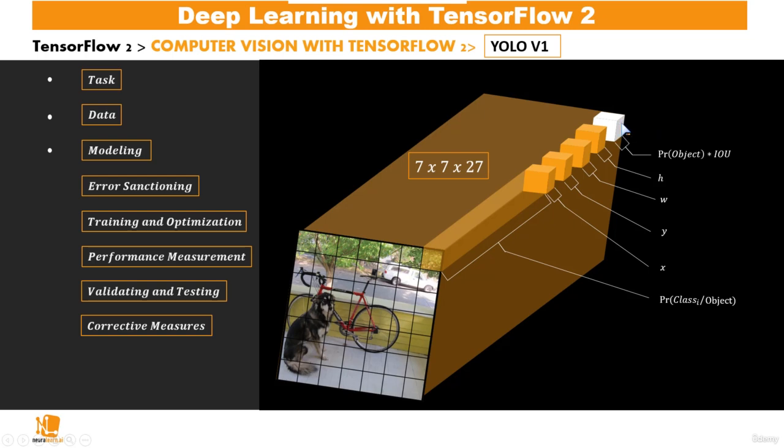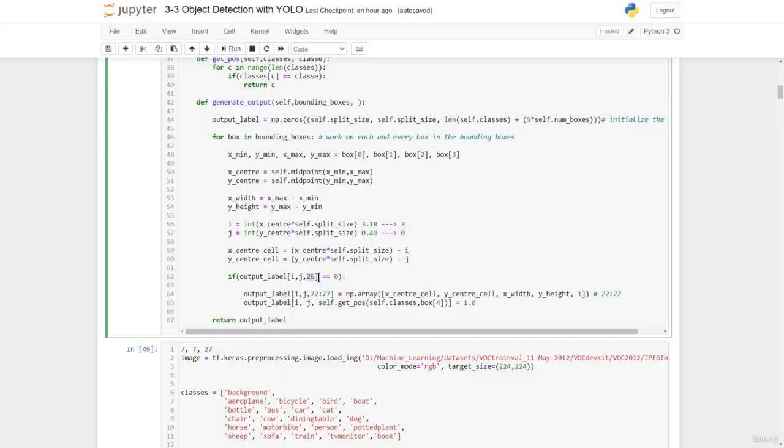This value at 26 happens to be this one here, so it's a confidence score. Recall that we have 22 plus 5, that is 27 values, and since we're starting from 0, we end up at the 26th position right here, from 0 to 26. So what we're doing here is, if that value is 0, that is if the value is not 1, we now set it to 1.